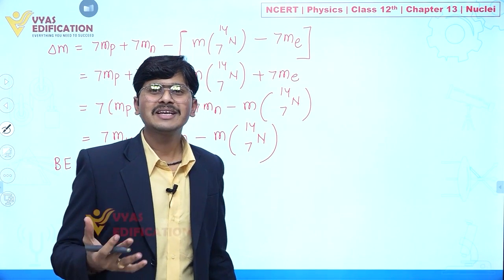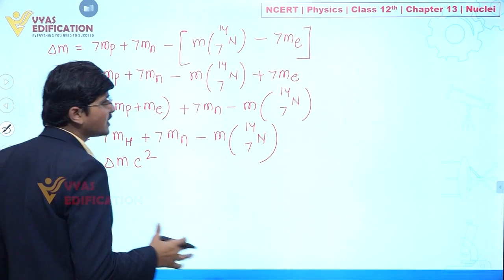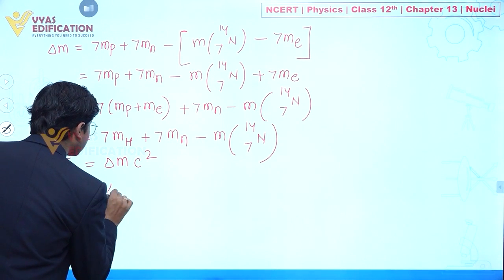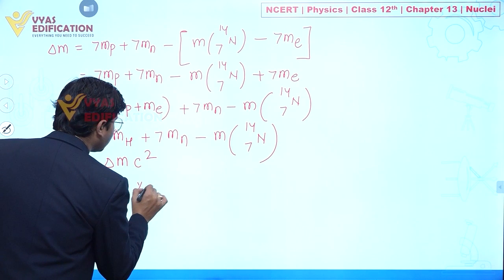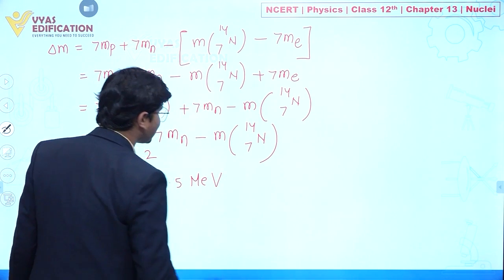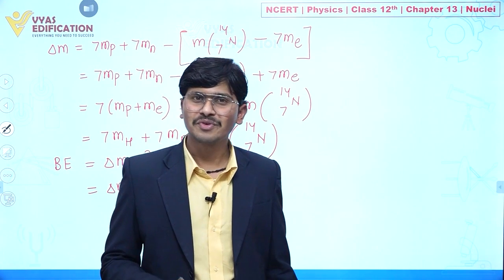Definitely this energy we will get in joule, but if we want to convert this into electron volt, clear, so we can write like this, if we multiply this mass defect with 931.5, then definitely we will get this answer in million electron volt, clear.